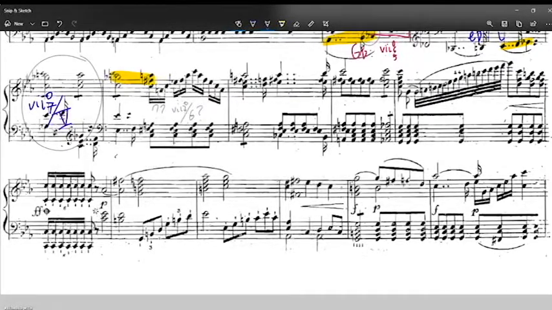Let's see what happens. Okay, does it lead there? No, next thing that happens is that the C becomes C flat. A move that comes up a lot in our videos. When you have a fully diminished chord and one of the notes drops down by semitone, it becomes a dominant.